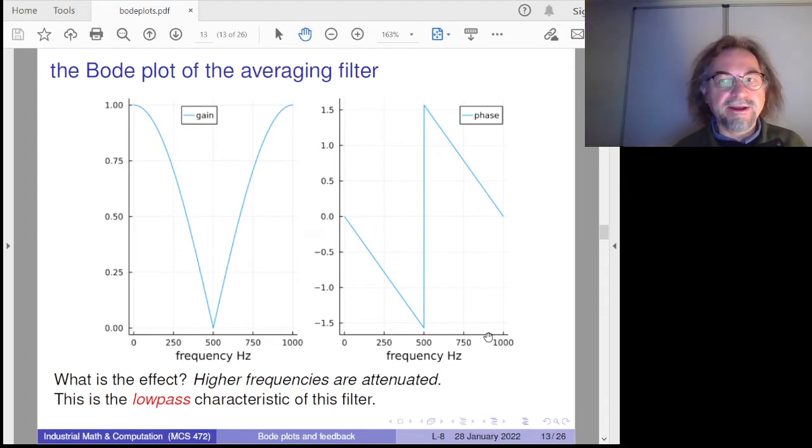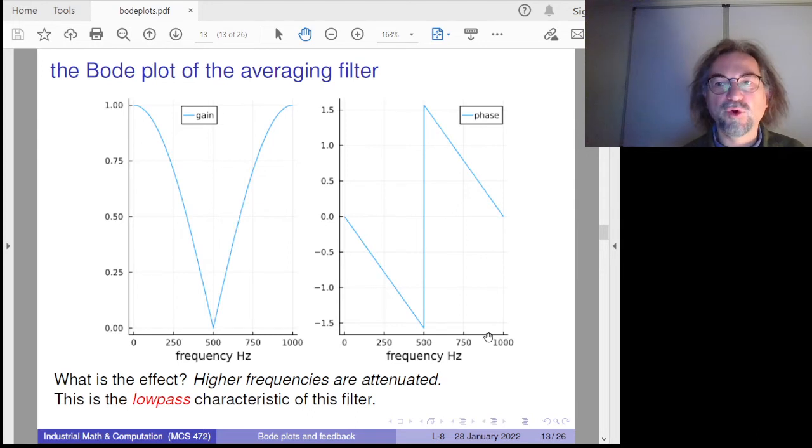In hindsight, what is it that this filter does? It averages the input signal. That actually means that it will have some smoothing effect, if you like. It's a filter in the sense that if you're running at 500 hertz here, your signal will be knocked out.